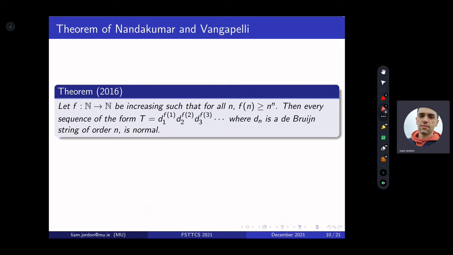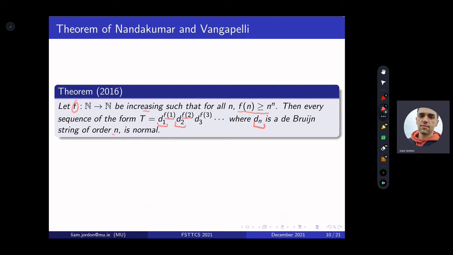Okay, so our first result uses the following theorem, which basically provides an easy way to construct normal sequences. It says that for a function f over the positive integers that's increasing and satisfies f of n is bigger than or equal to n to the n for all n, if you have a sequence formed by taking d1 concatenated with itself f of 1 times, followed by d2 concatenated with itself f of 2 times, and so on, where each dn is a de Bruijn string of order n, the sequence you build will be normal.